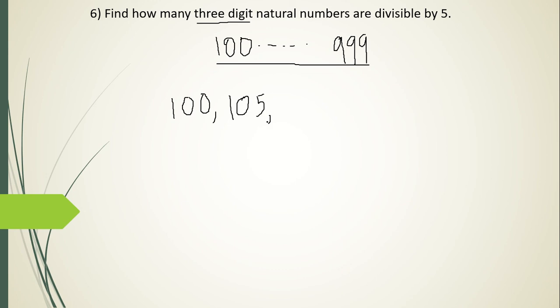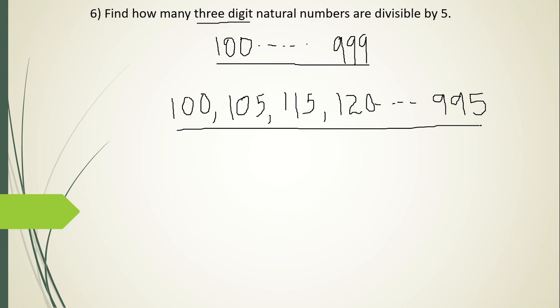After 105, the next number will be 110. After 110, the next number divisible by 5 would be 115, and like that we will go on, and the last number will be 995. Okay, so our sequence is this. These are the 3-digit natural numbers divisible by 5.